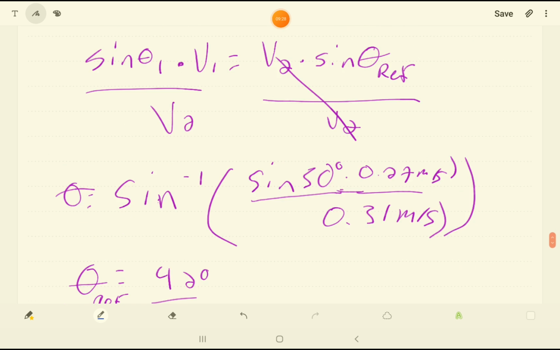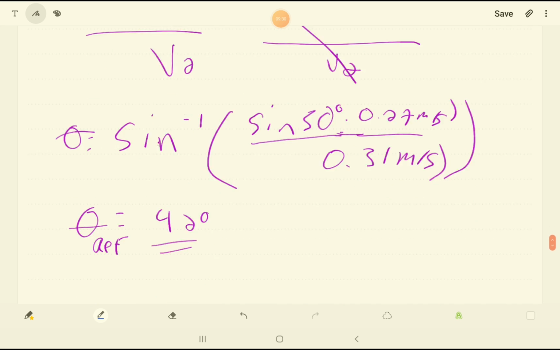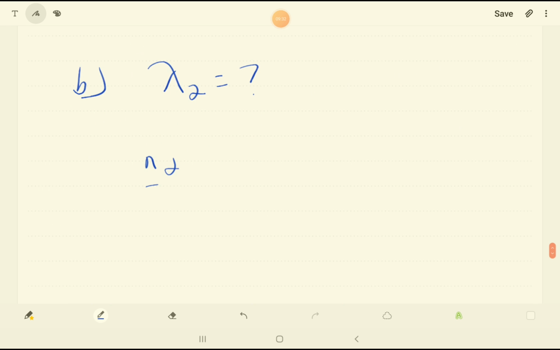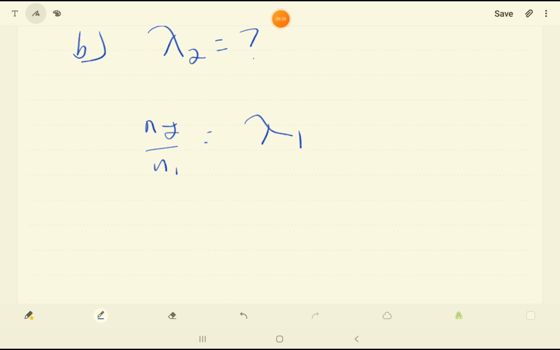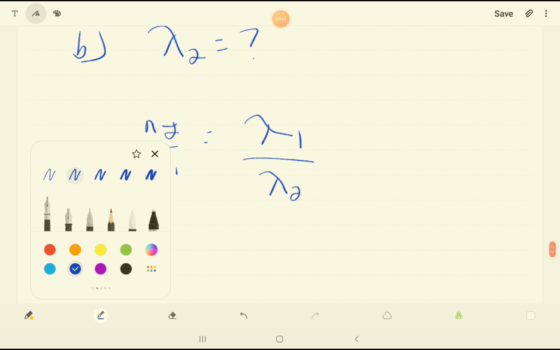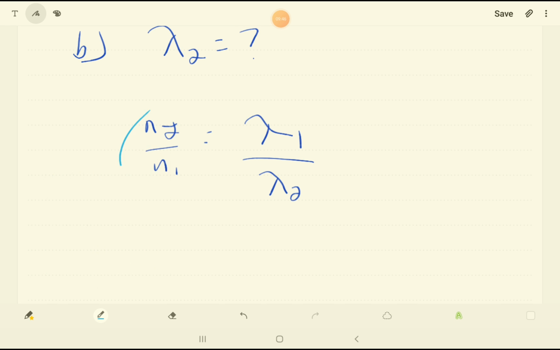Now, if we wanted to use this equation here, which is N2 over N1 equals lambda 1 over lambda 2, we could use that, but the problem is we don't really have any of the refractive indexes at this point, and so we're going to have to find our wavelength in shallow water using another means.